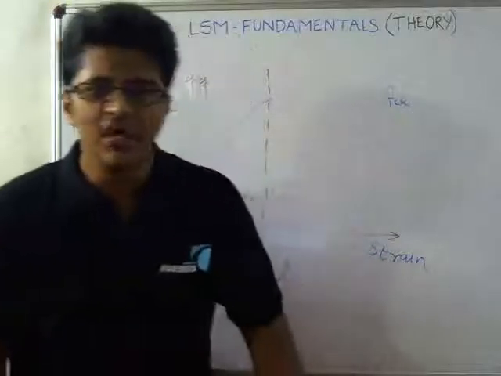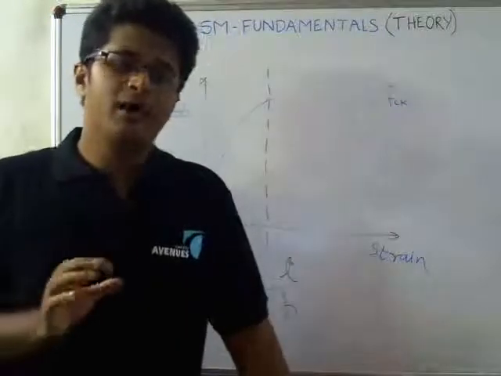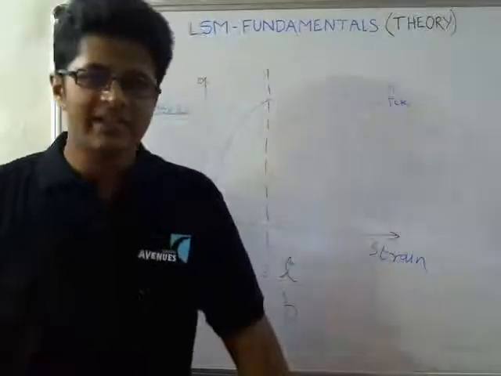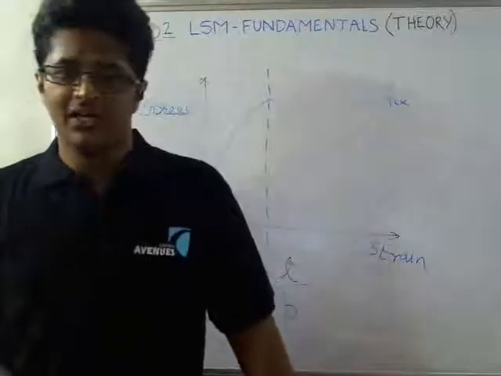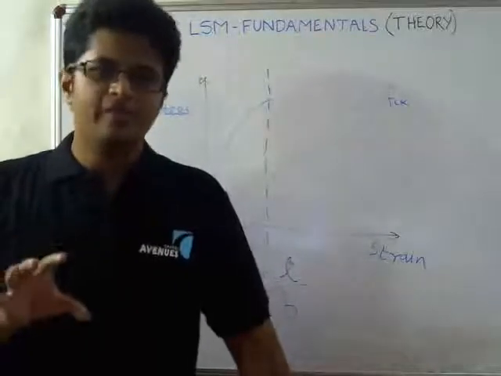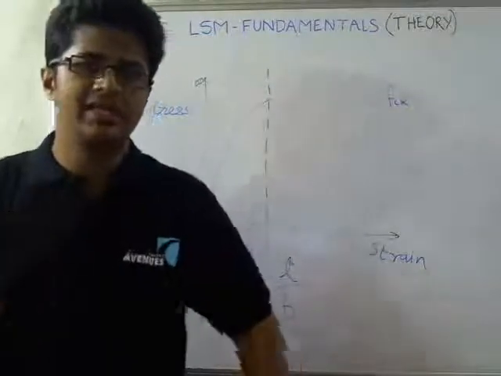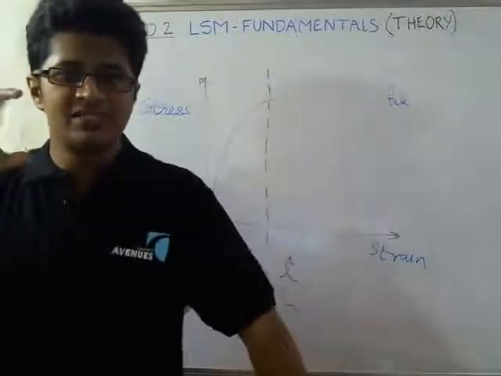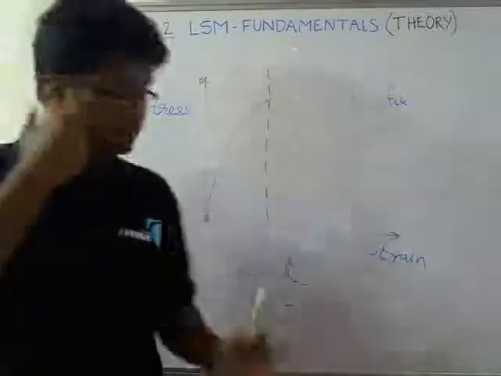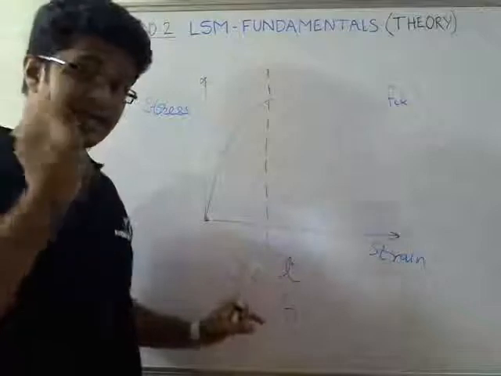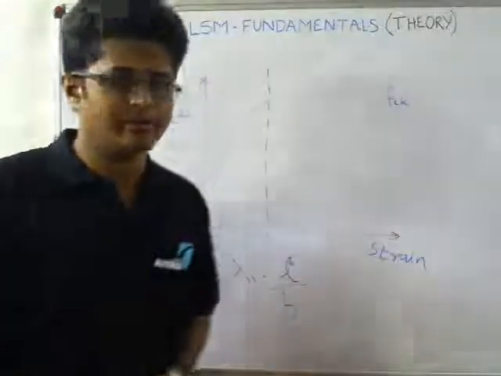What it means is, as the slenderness value increases, the member tends to become more slender. It can be a column as well. So the column or the beam or the member tends to be more slender. Slender means thin. The length is more, but the cross-sectional dimensions are small.